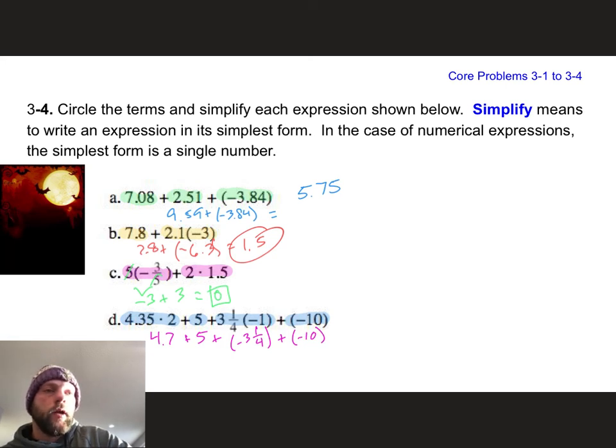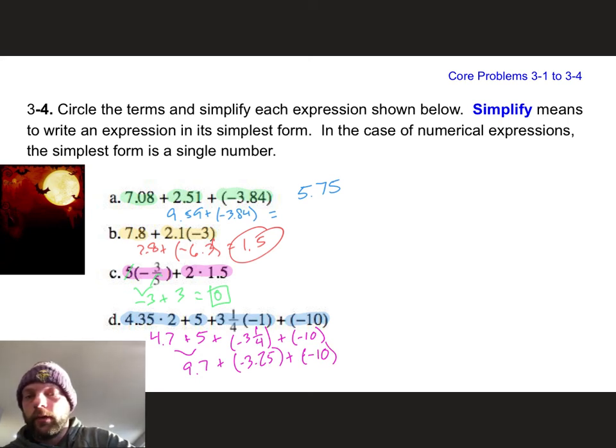Now working from left to right, this is going to give me 9.7 plus, I'm going to convert this into a decimal, and then I have negative 10. So 9.7 minus 3.25 because they're different signs, I get 6.45 plus a negative 10.